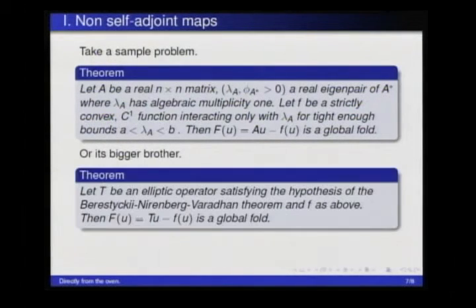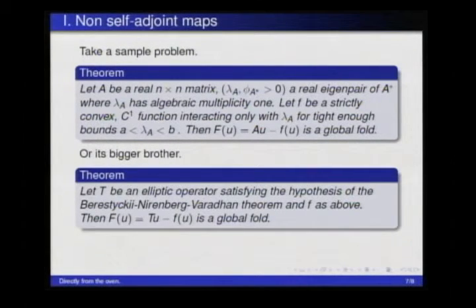So let me provide you another example. You can, if you have a function, a nonlinearity, which interacts with the bottom eigenvalue of an operator of this kind here, and this is a standard non-self-adjoint operator by now after this beautiful paper, right?